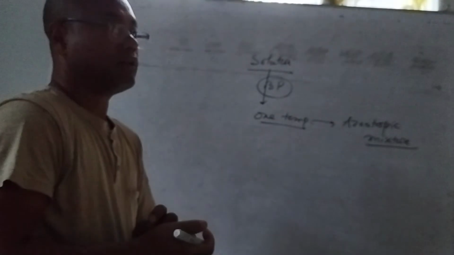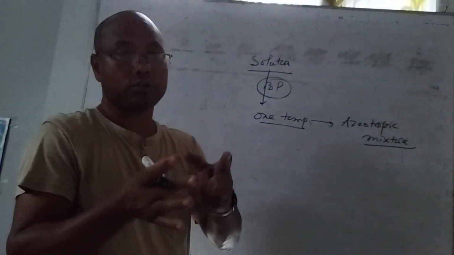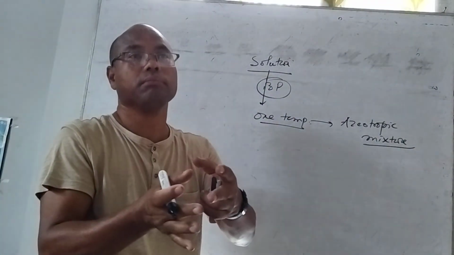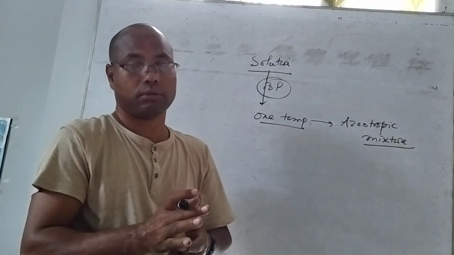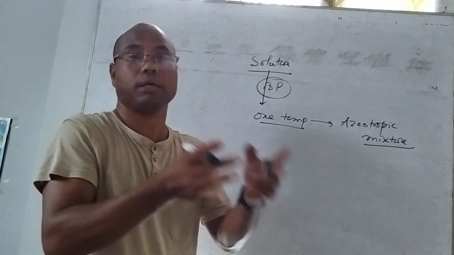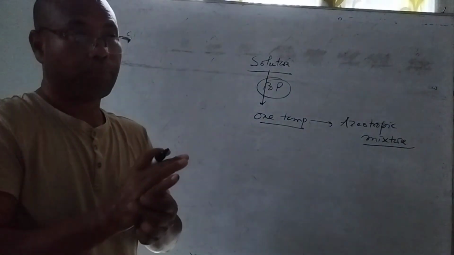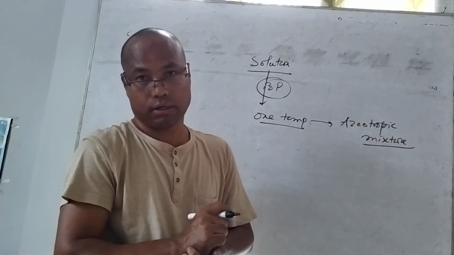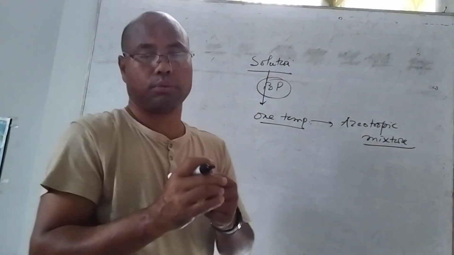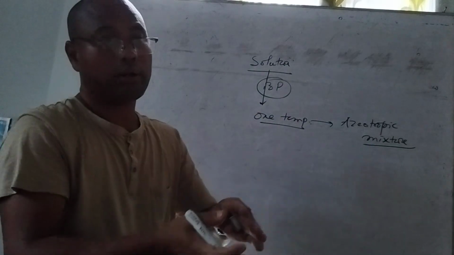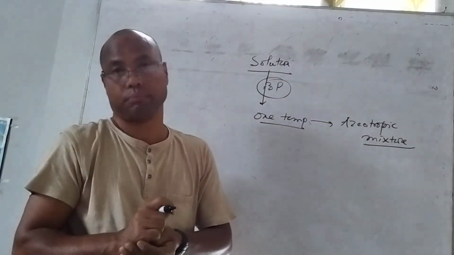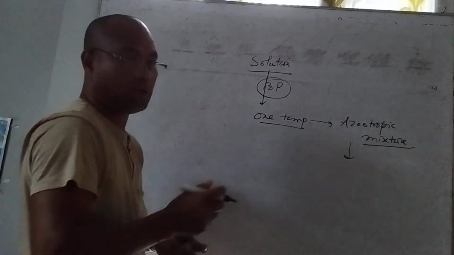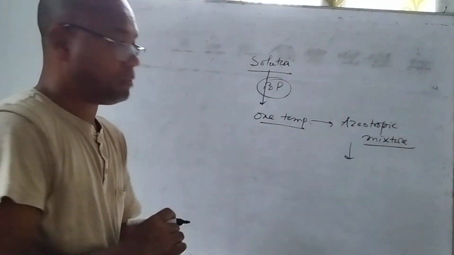Clear, right? So with azeotropic mixtures, some boil above their boiling points, and some boil below their boiling points. So here we have two different types of azeotropic mixtures.